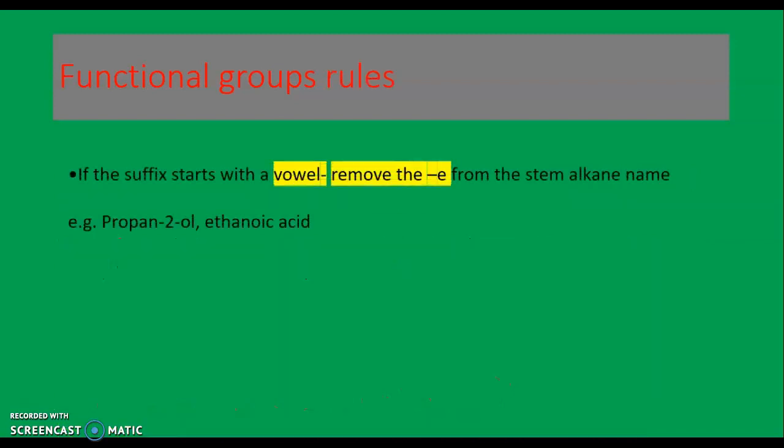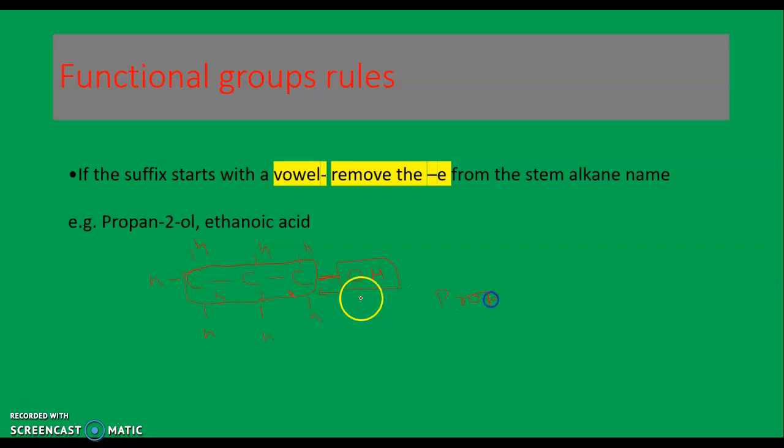So for the functional group rules, let's say I've got carbons 1, 2, 3, and I've got OH here, and H's. So I'm showing the displayed formula, showing all the bonds. I take the longest chain. I've got 3 carbons in the chain. I always number from the side which gives the functional group substituent the lower number.